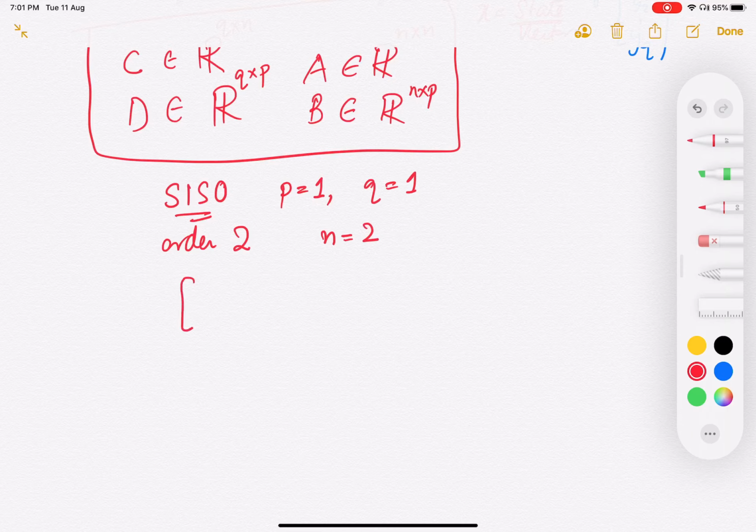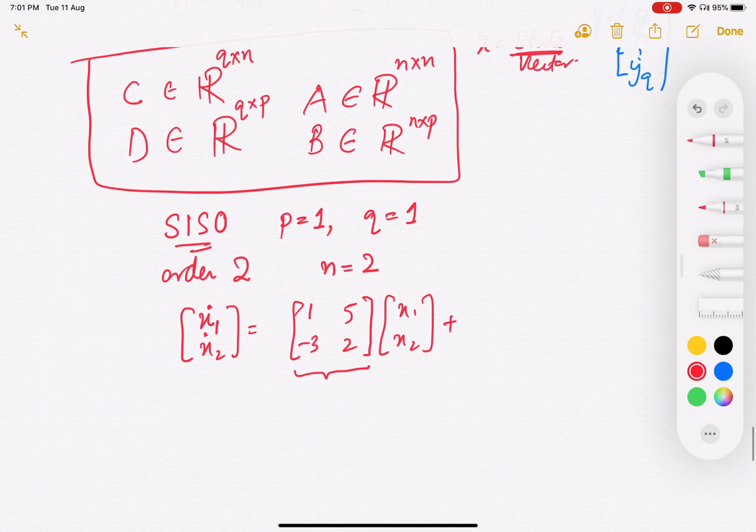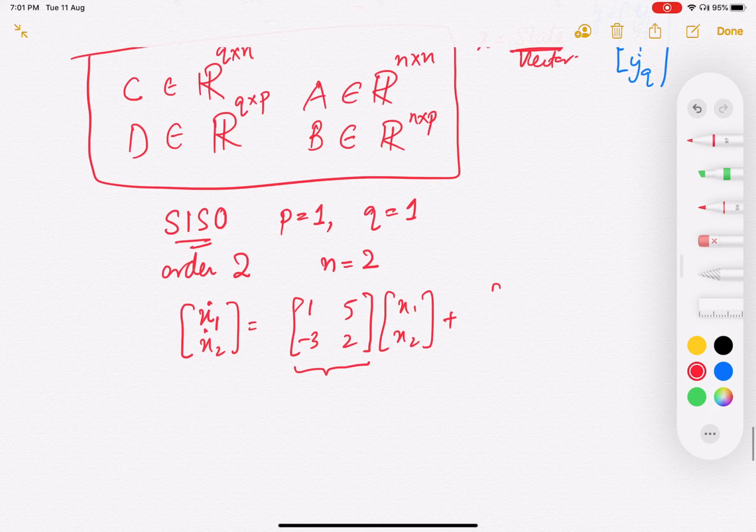Then as an illustration, x1 dot, x2 dot would be equal to the A matrix, 1, 5, minus 3, 2, times x1, x2, plus, since B is n cross p, your B would be, say, 2, 4 times u. U is a scalar because it's a single input system. So A is 2 cross 2, and B is 2 cross 1.